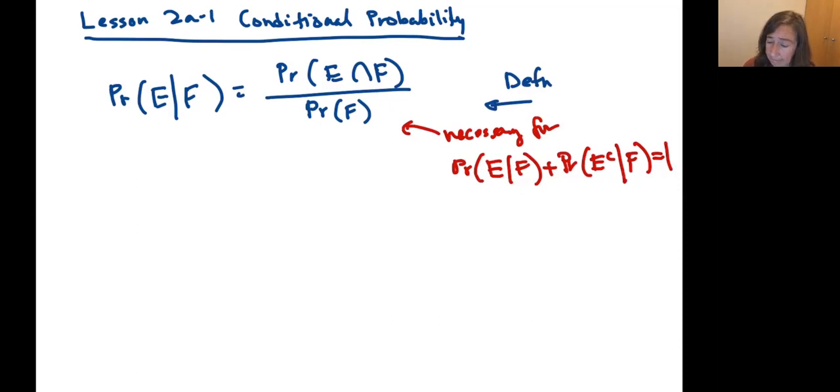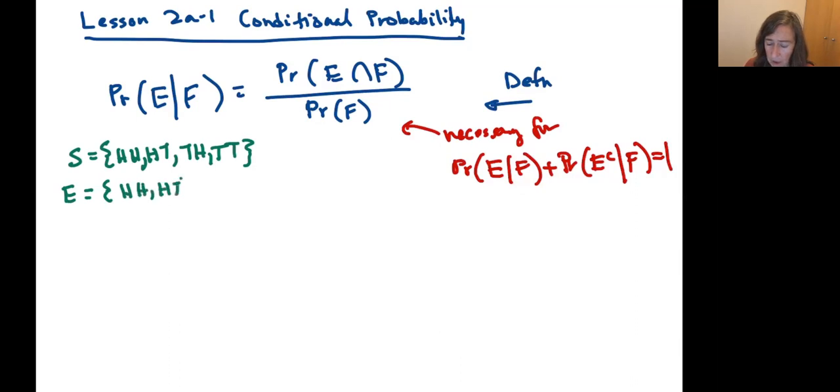So let's get going on an example here. For our example, we'll have coin flips, 2 of them: HH, HT, TH, and TT. And let's have some events here. So let event E be, what do I want E to be? HH, HT, make my bracket curly the way it's supposed to be.